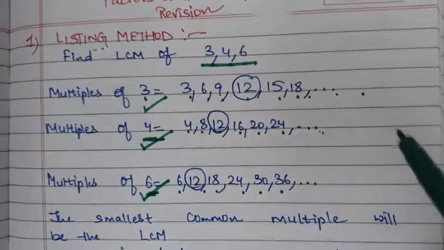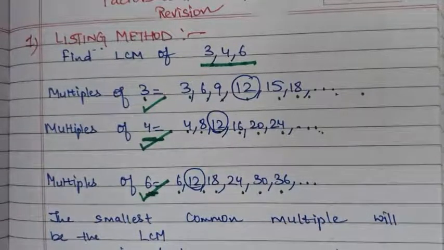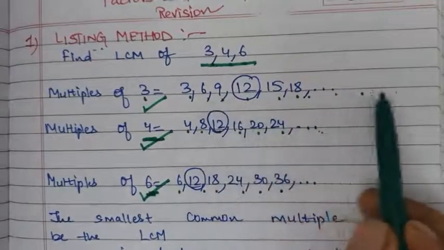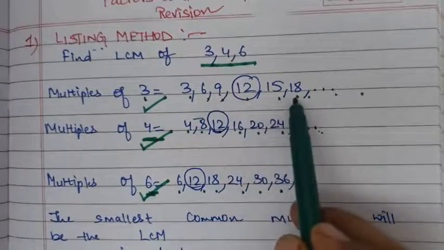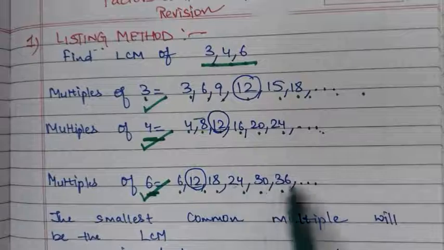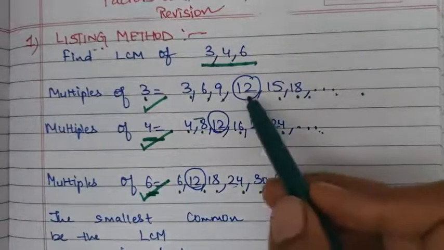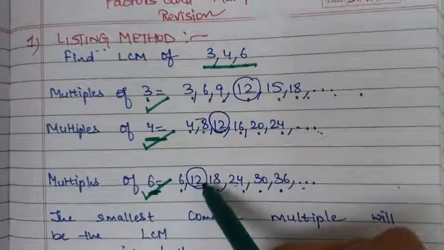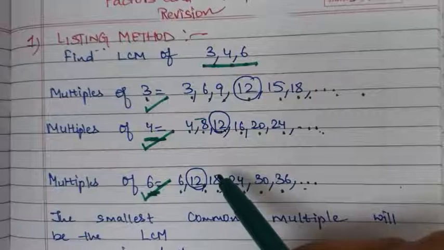Now students, let us find the common multiples. Now listen very carefully. As we know, the multiples are increasing. You can see very clearly. So the first common multiple will be your LCM.